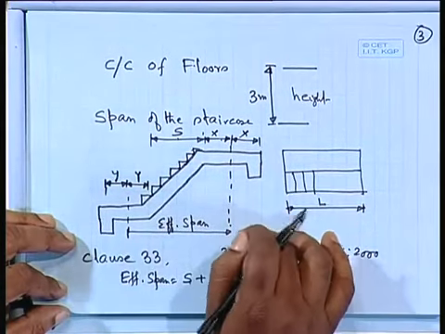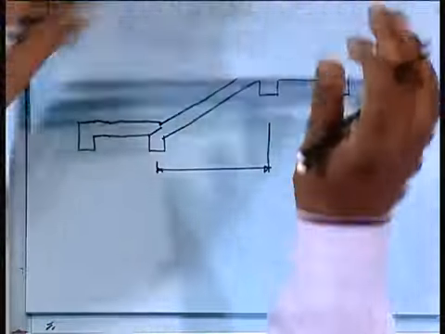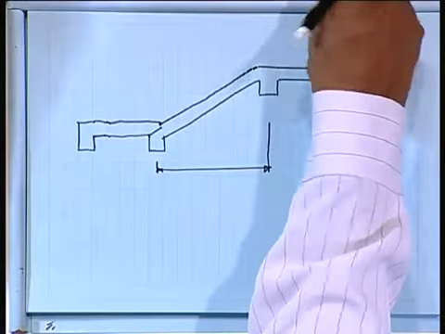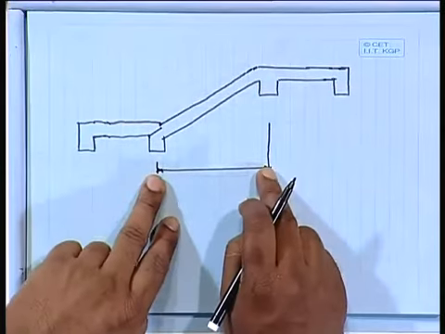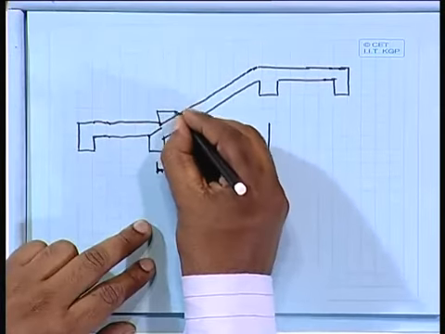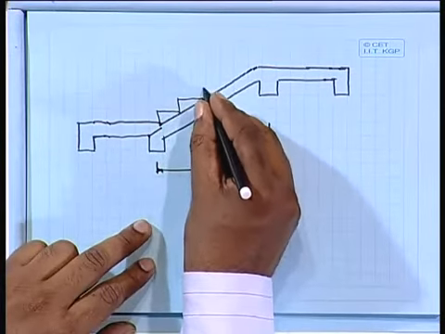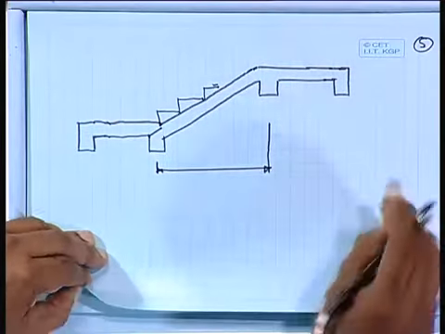It may be supported at walls also, that is another case. But in the other possible case I am talking about, the effective span will be this one, the center to center distance, where you have the staircase like this. Okay. So let us calculate dead loads.